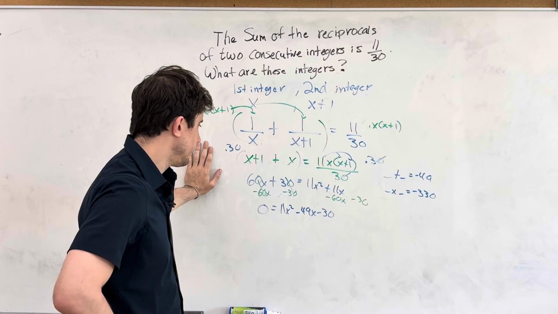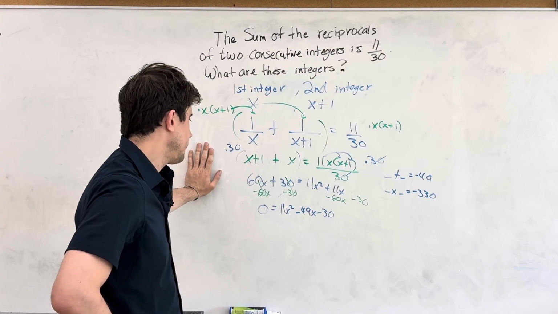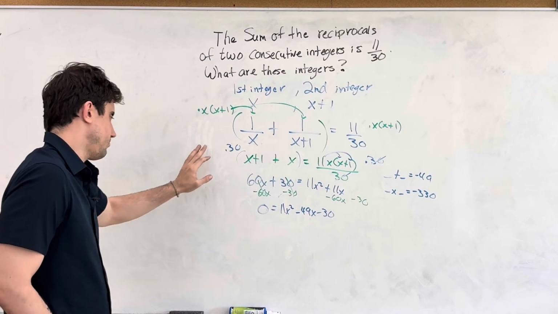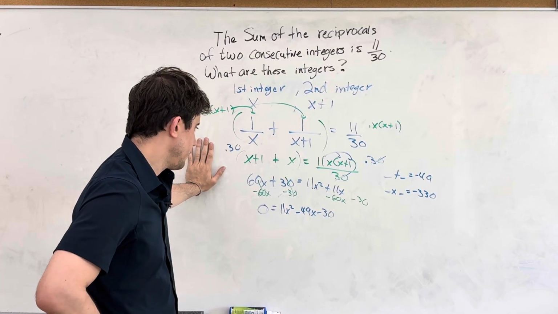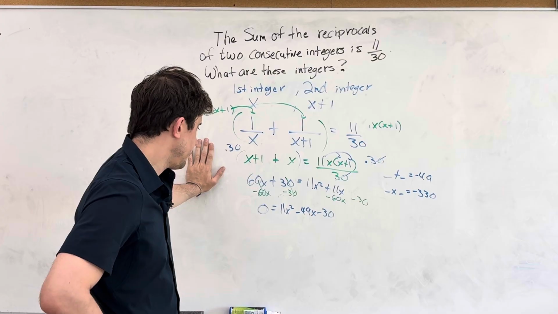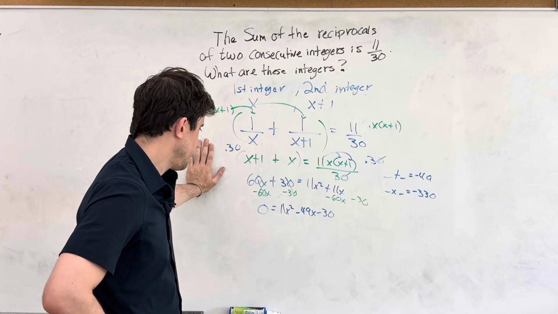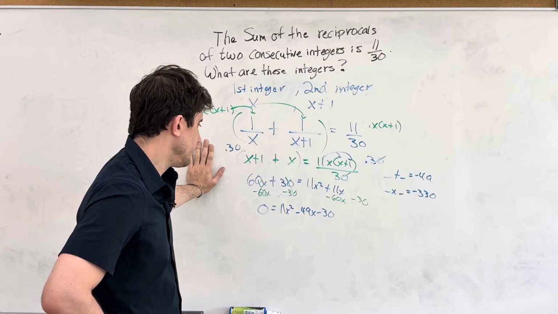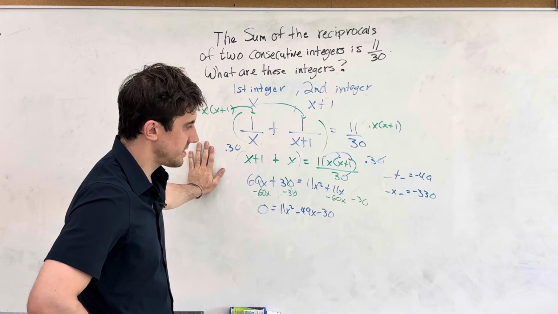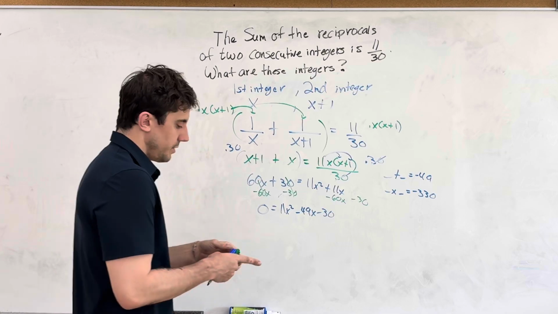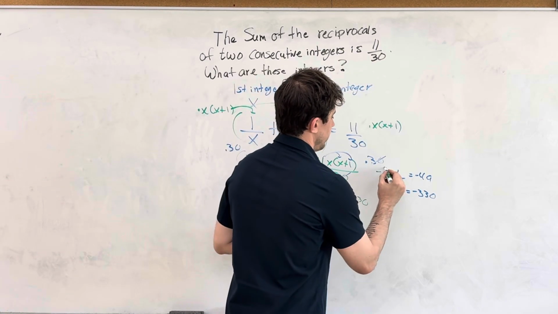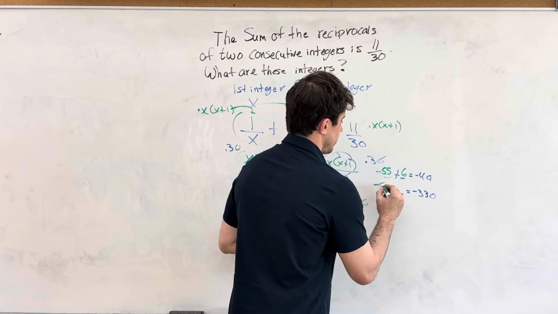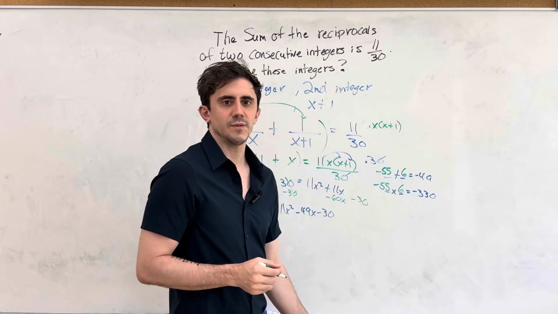Or we can do 33 and 10. We can do 55 and 6. We can do negative 55 and positive 6. That was a fun one.